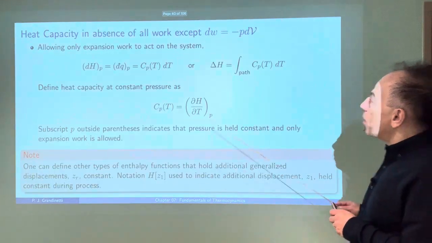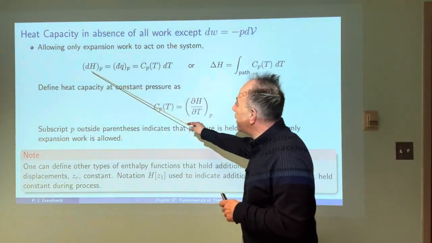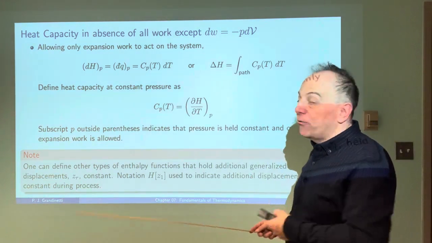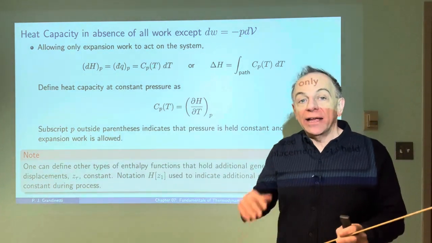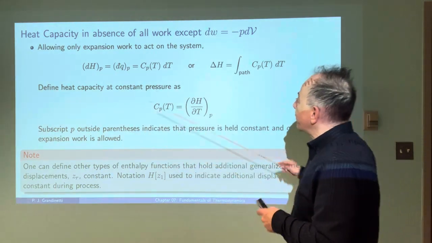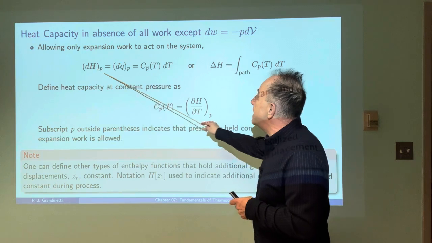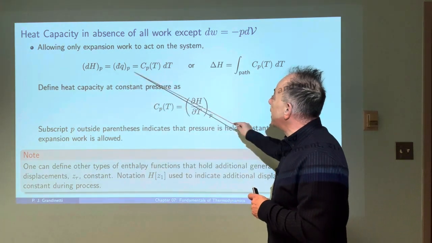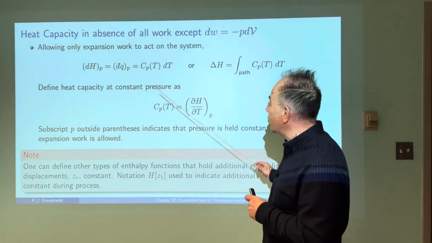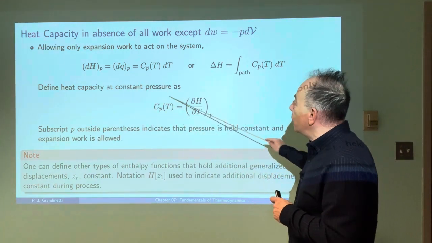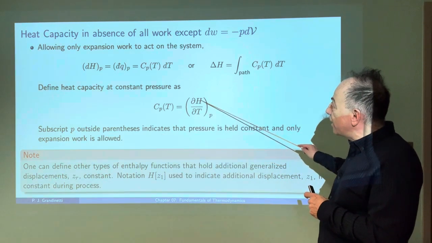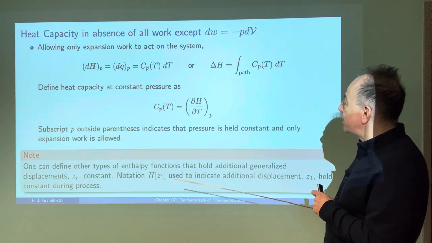Okay, so we can then write down an expression that's very similar to what we saw before when we prevented all work, but now we allow PdV work and we allow it to happen under a constant pressure process, under an isobaric process. Then dH is equal to dQ, and that's going to be related to the change in temperature through a heat capacity, a proportionality constant, and that heat capacity, which is now going to be written as C sub P, is the change in the enthalpy with respect to temperature at constant pressure.